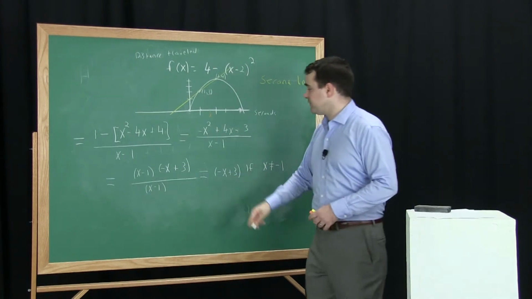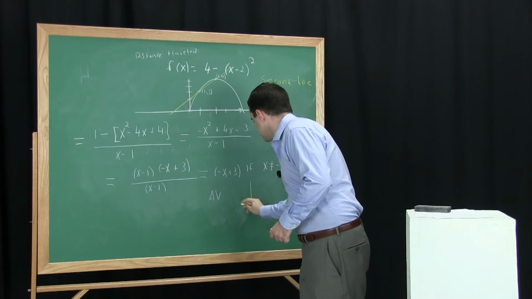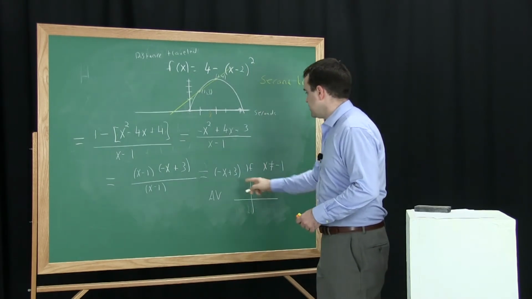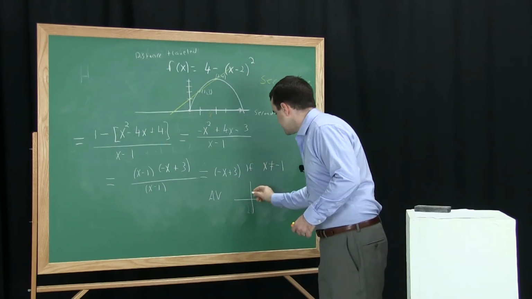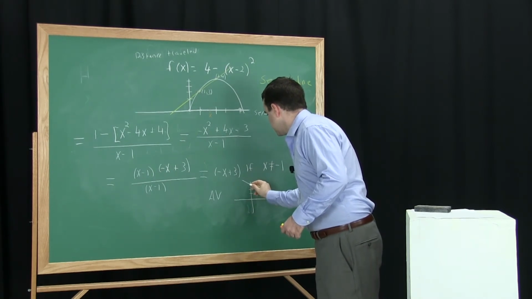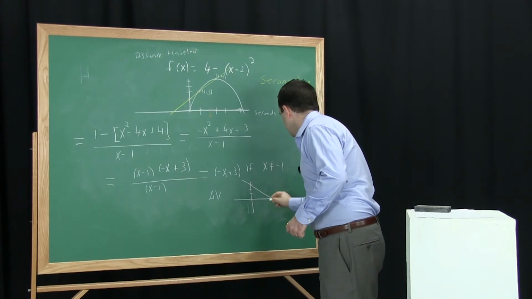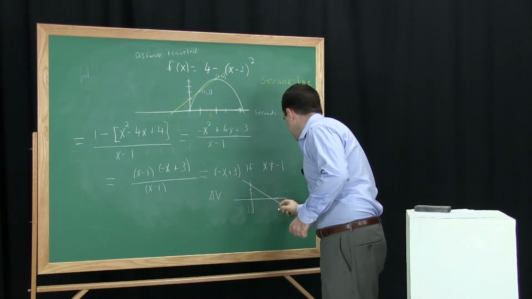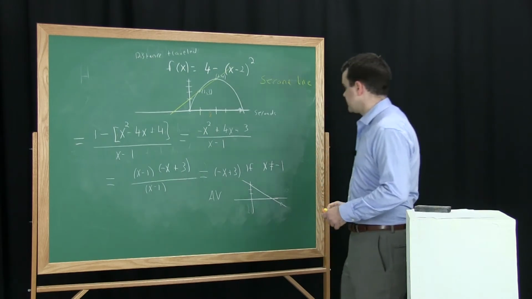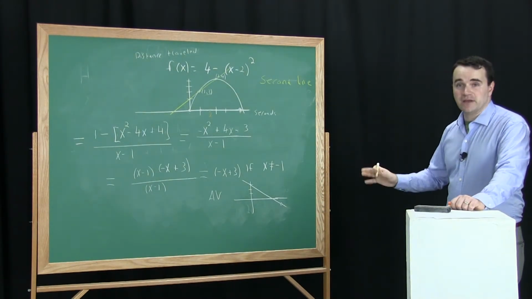So the graph of this average velocity function, AV for average velocity, it looks like this. It looks like negative x plus 3, but it's got a hole in it when x is equal to 1. So that's what it looks like. So this is the perfect candidate for taking a limit.